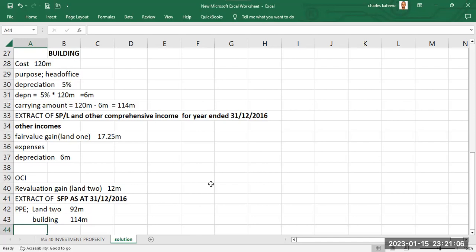Then we go to the other item, which is the investment property. That was land 1, and the carrying amount of that land 1 was 132.25 million.